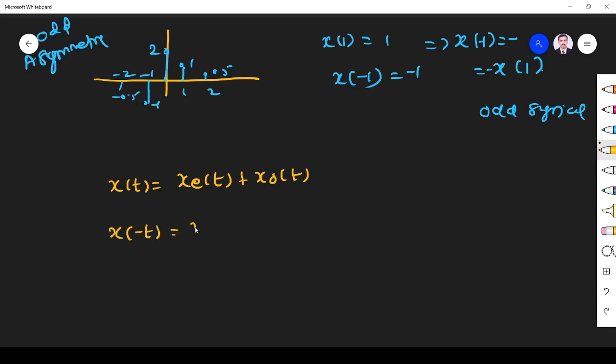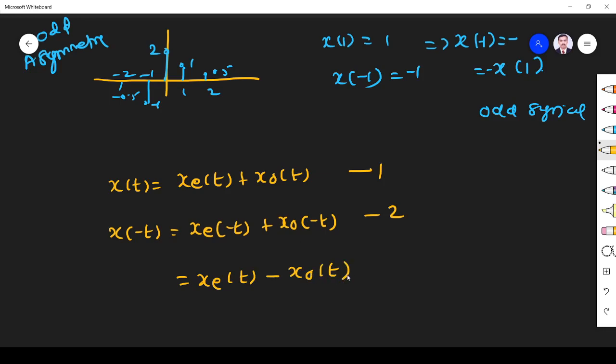X of minus t is x e of minus t plus x o of minus t. What is x e of minus t? For an even signal, x e of minus t is nothing but x e of plus t. Right, for an odd signal, x o of minus t is minus x o of plus t. Yes or no? Odd means it is minus of x o of plus t. Why? It is x of minus t is equal to minus of x of t. That's what odd is.